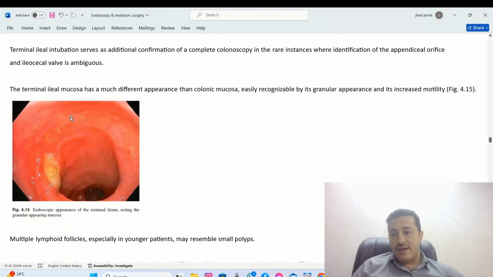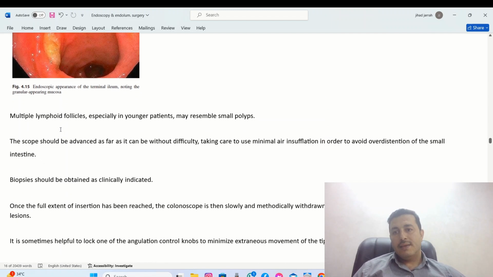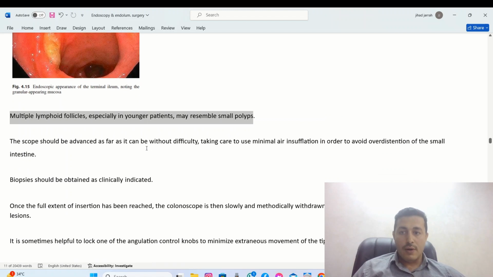You see here the granular appearing mucosa, with small red dots all over, and also lymphoid aggregation, which can even simulate polyps. You can see here multiple lymphoid follicles that may simulate small polyps.